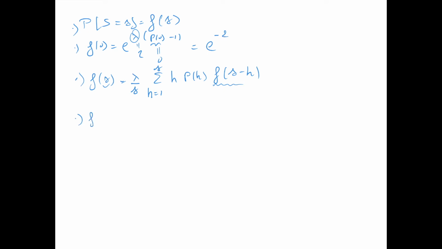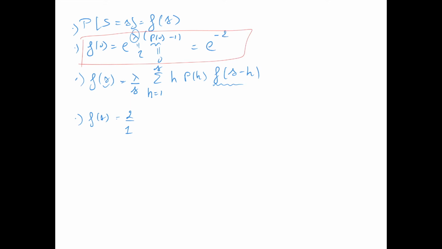For example, if I need to calculate f1, I already have f0 here. So from f0 I can jump to f1, because f1 is equal to lambda divided by s, and s is now equal to 1.